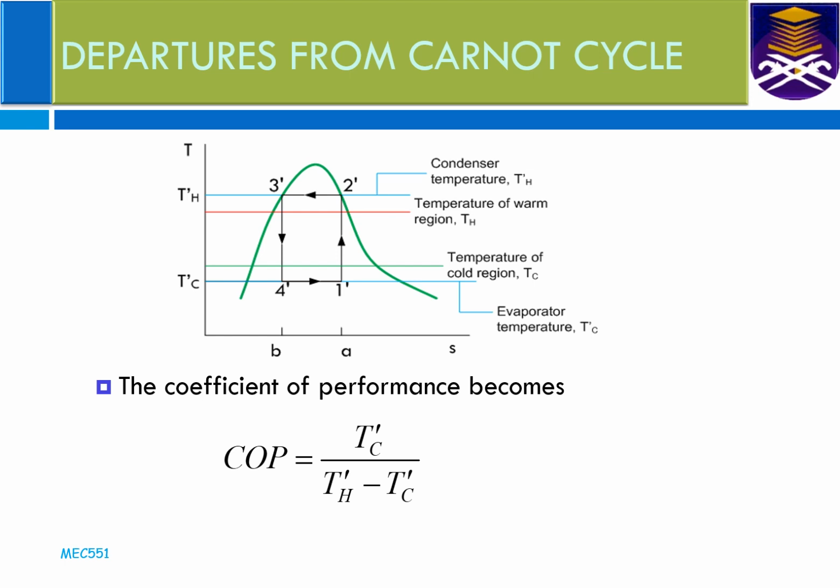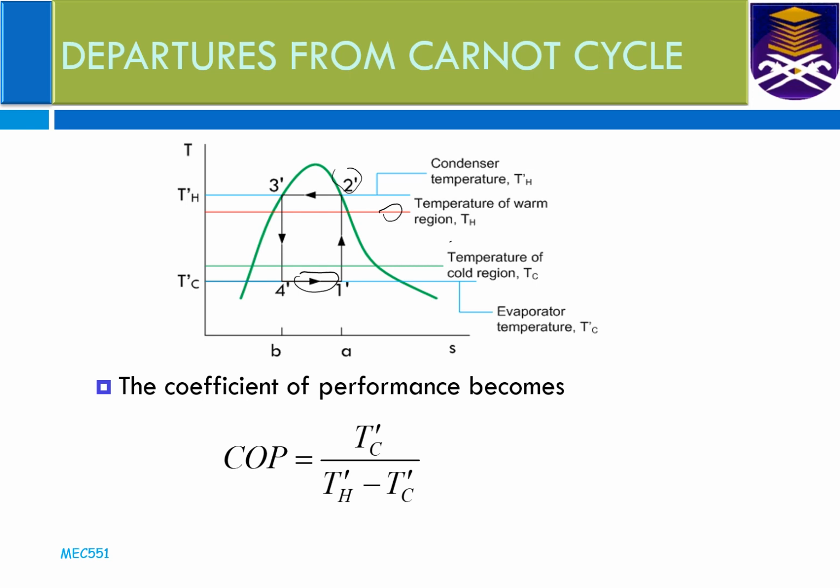This can be shown in the temperature-entropy diagram here. The temperature of the cold region has to be higher than the temperature of the refrigeration system, and the temperature of the warm environment must be lower than the temperature of the condenser.